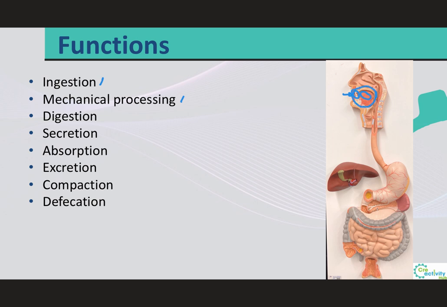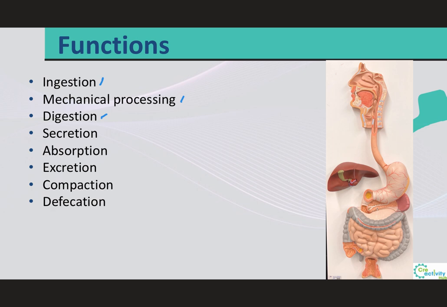Then we have mechanical processes like swirling and mixing and churning, and even propulsive motions that will occur after the swallowing process, and this will happen inside of the stomach, inside of the small intestine, and large intestines. Next, we have digestion, which is the chemical and the enzymatic breakdown of complex sugars and lipids and proteins into small organic molecules that will be able to be absorbed by the digestive epithelium.